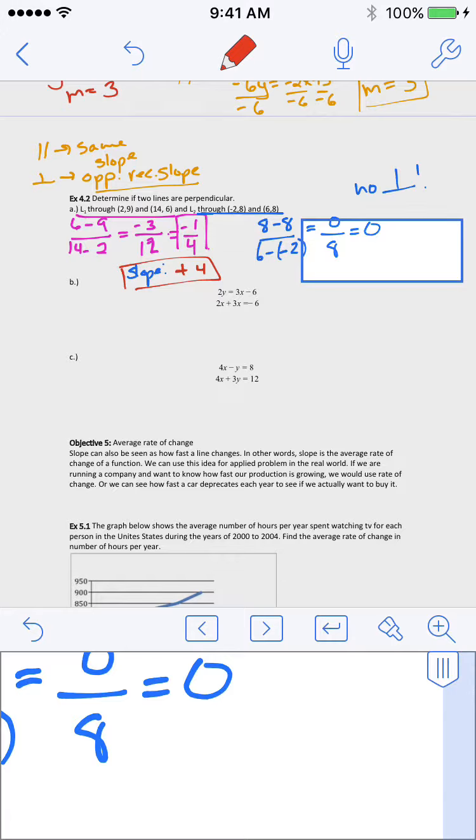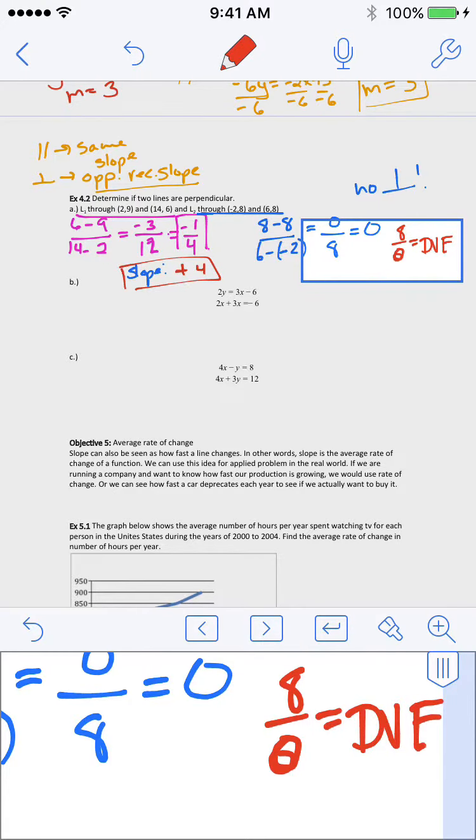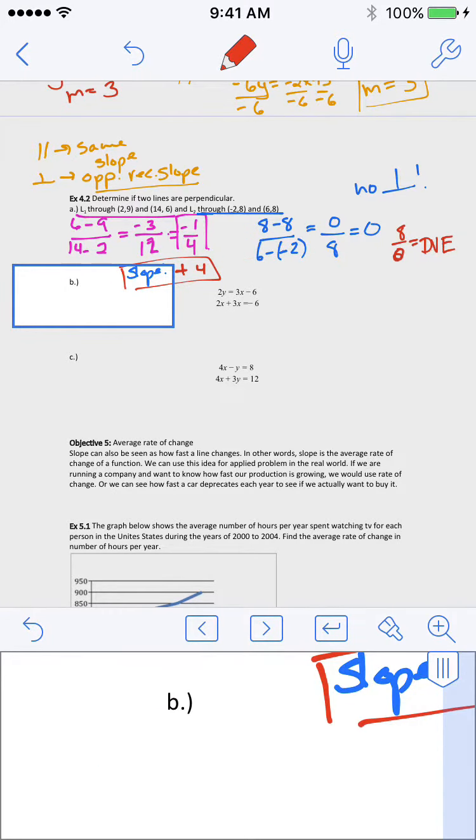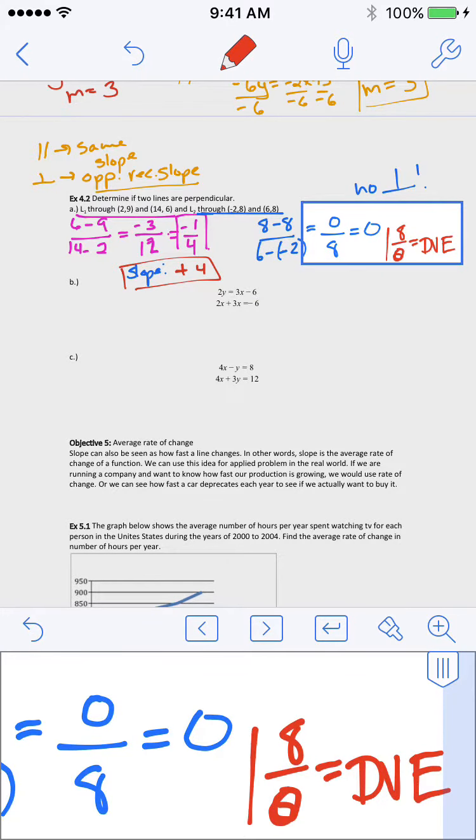If I have 0 over 8, what's the reciprocal of that? 8 over 0. And what do we call that when we divide by 0? Does not exist, right? So the opposite reciprocal slope to a 0 slope would be does not exist.